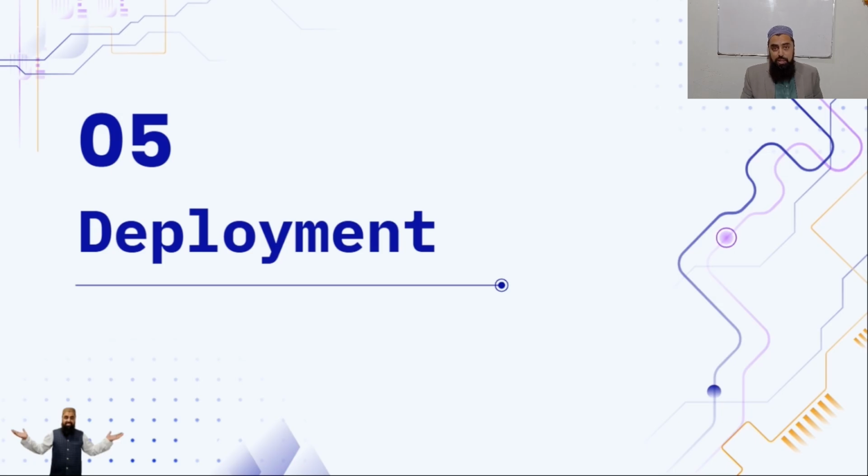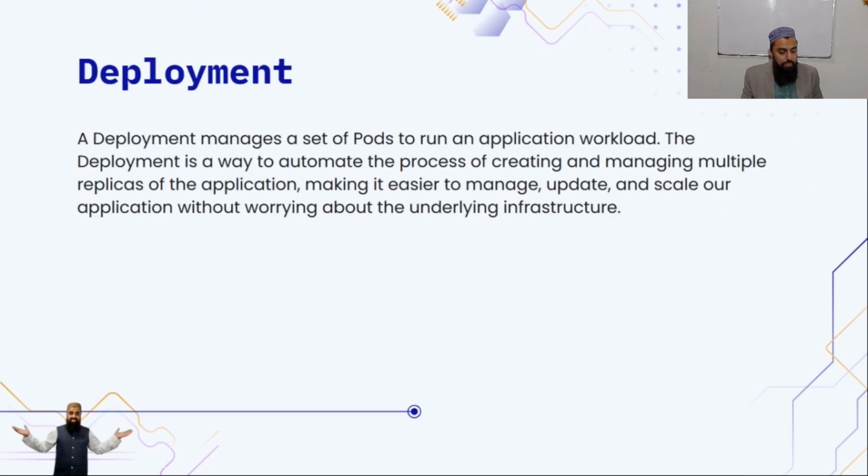Number 5, deployment. What is a deployment? A deployment manages a set of pods to run an application workload. The deployment is a way to automate the process of creating and managing multiple replicas of the application, making it easier to manage, update, and scale our application without worrying about the underlying infrastructure.